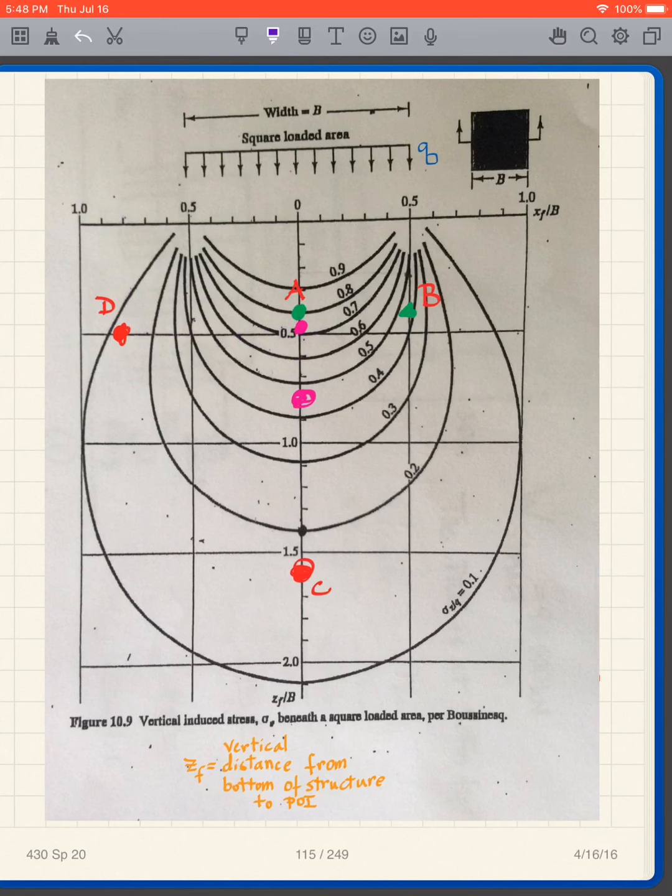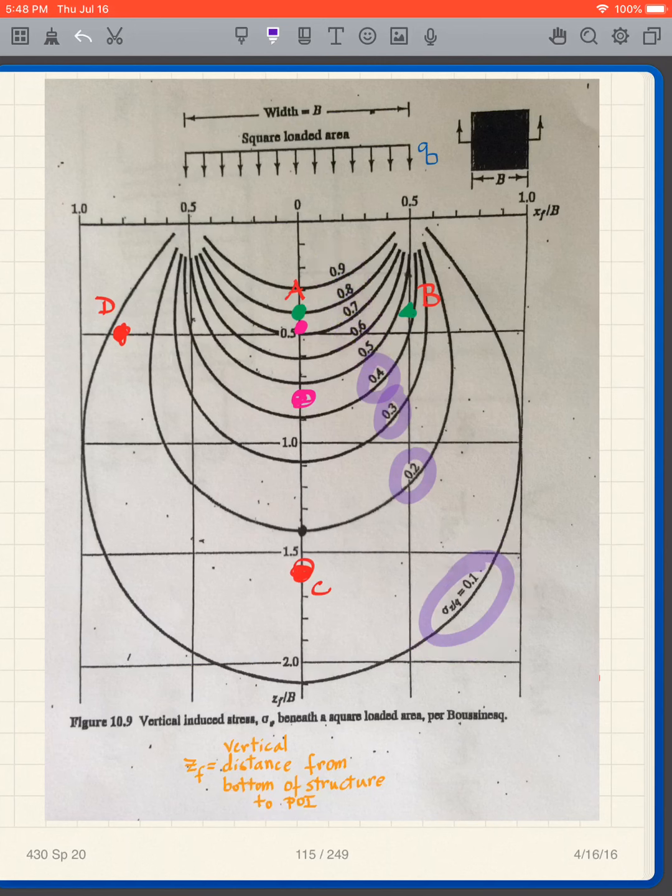Now what do I read? I read the contour. All of these are contours. That is the value for each of those lines, and they represent the fraction of the surface stress. We're calling it sigma z over q is what they've shown it here. Sigma z over q.